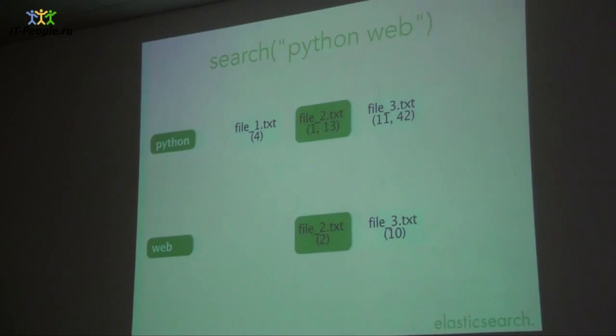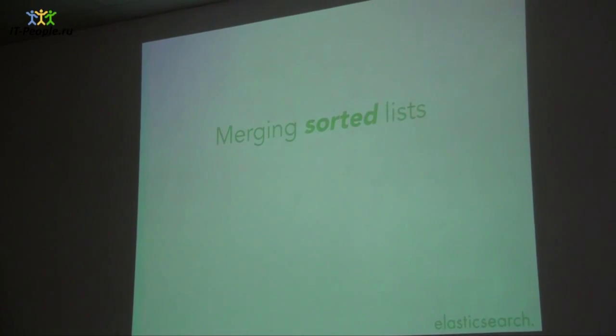So this is another example of why this data structure, the inverted index, is very good for searching, because all we are always doing is merging sorted lists. And if any of you have programmed at all, which I hope that you all have, you know that that's a pretty easy operation.